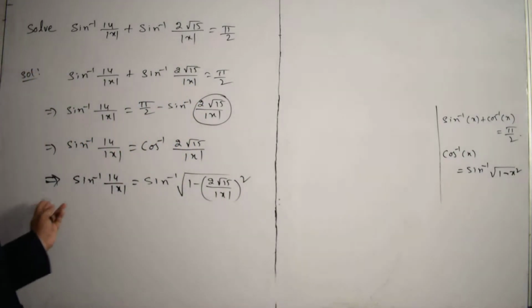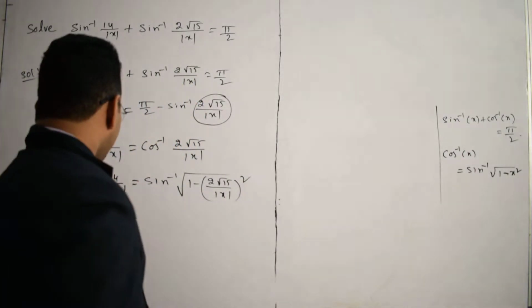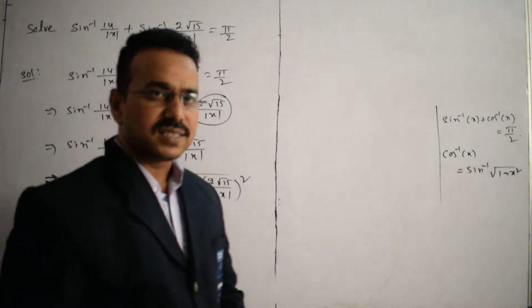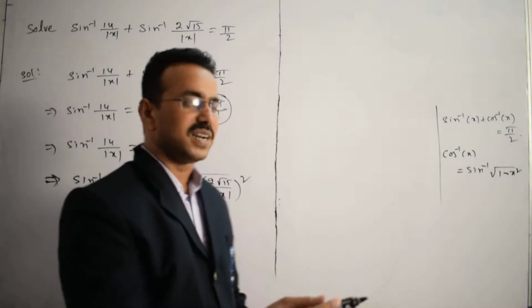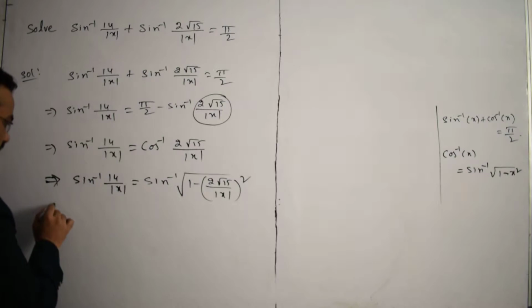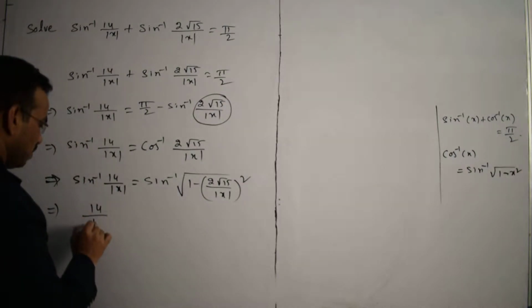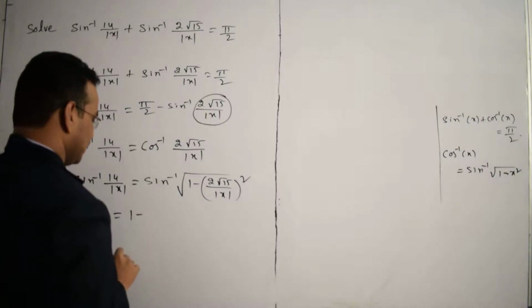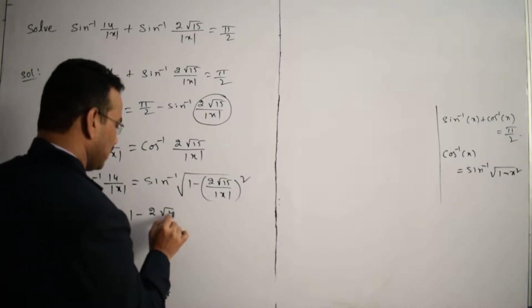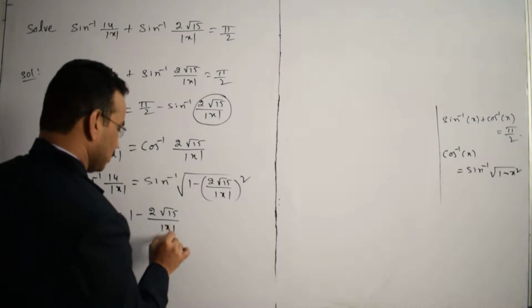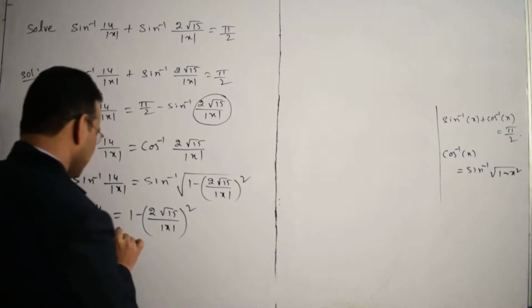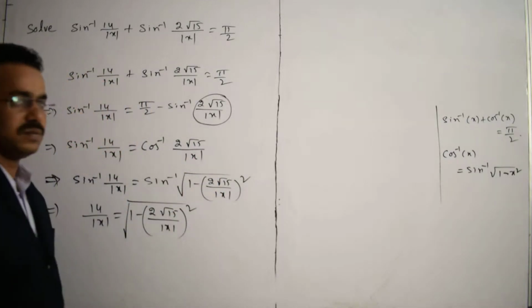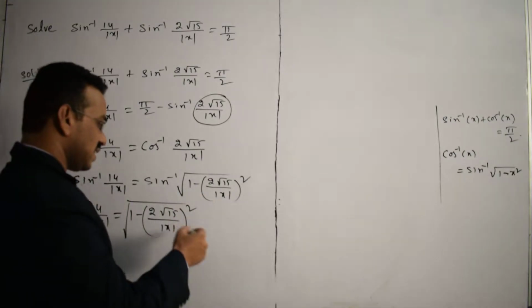So on both the sides, on LHS as well as on RHS, there is a sine inverse, we can eliminate. Now in the next step, this implies 14 by mod x equals square root of 1 minus 2 root 15 by mod x whole square. The entire thing is under the root, but at the same time there is a constant.